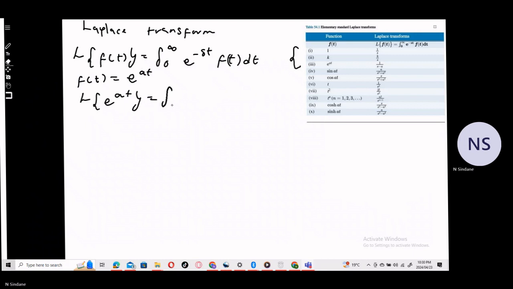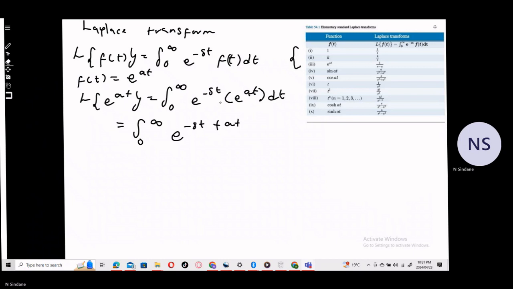So in this case, we will say the Laplace transform of e to the power at equals the integral from 0 to infinity of e to the power minus st, then e to the power at dt.